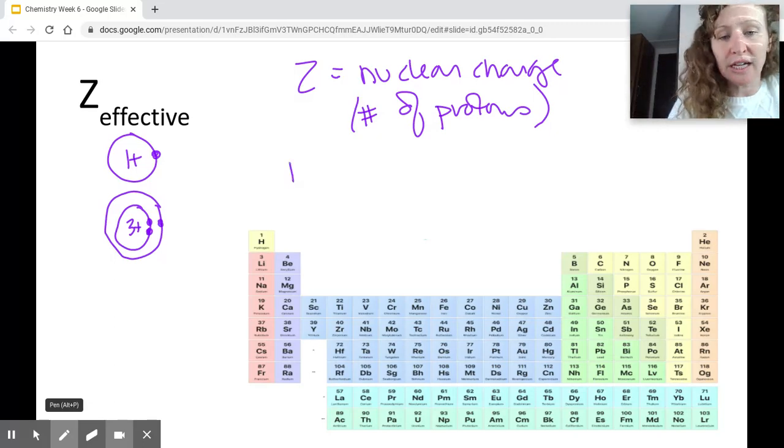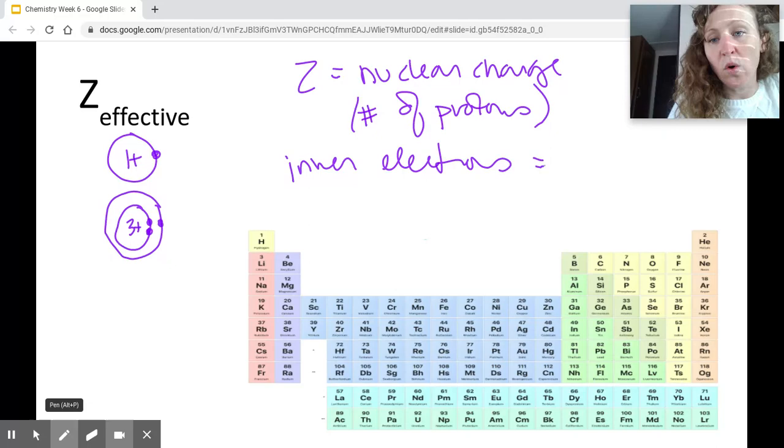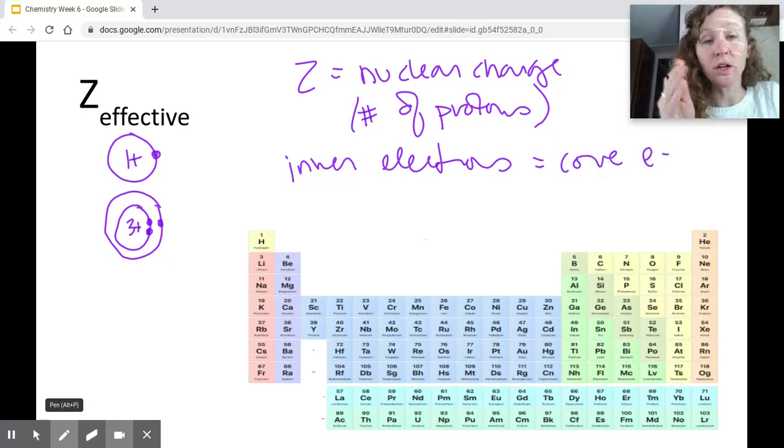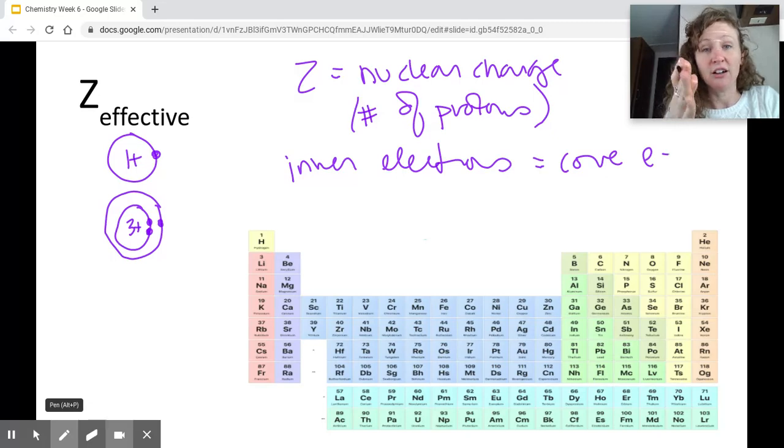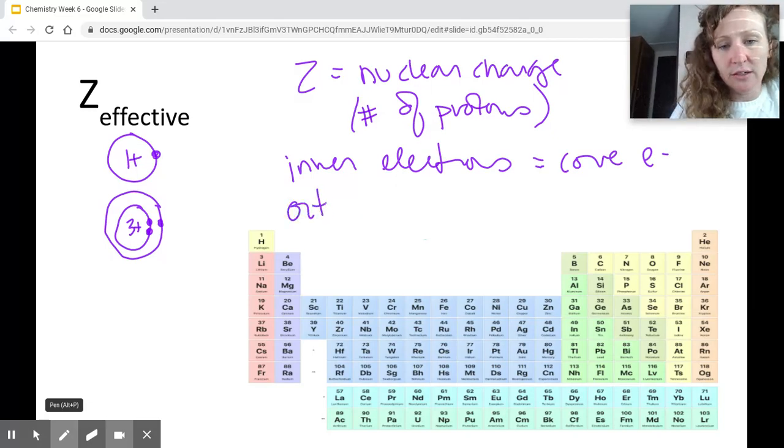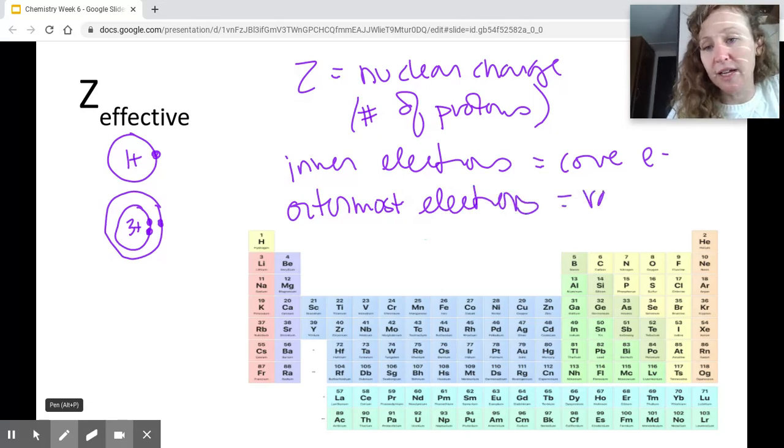Those inner electrons we call core electrons. We have these core electrons that are in between the protons in our nucleus and our outermost electrons. Remember that our outermost electrons are called valence electrons, okay?